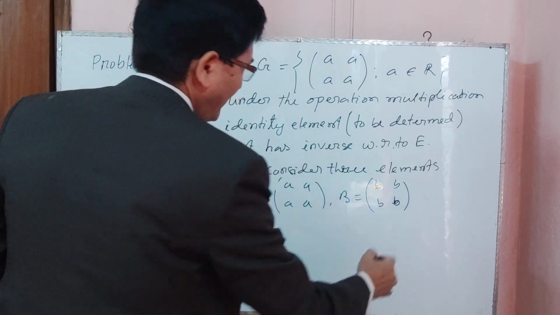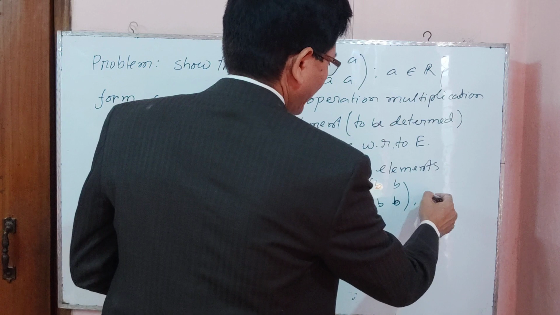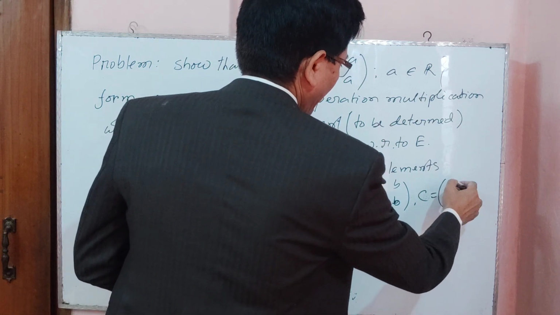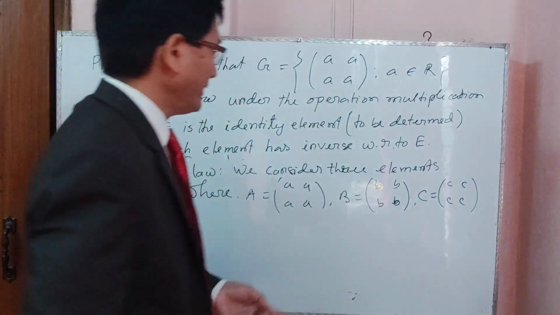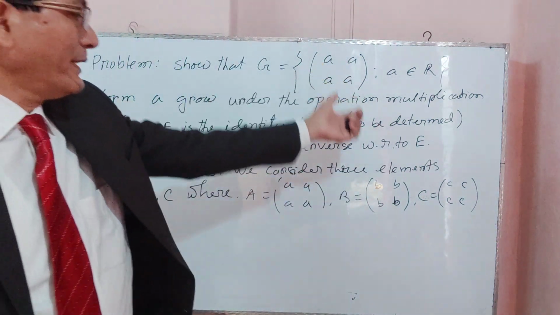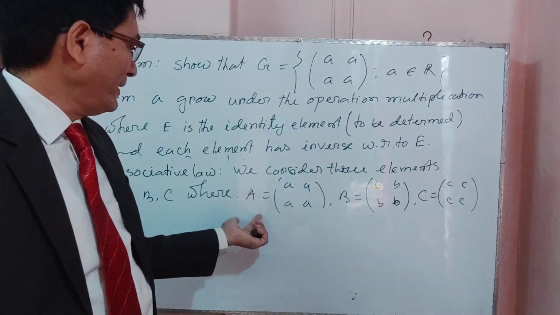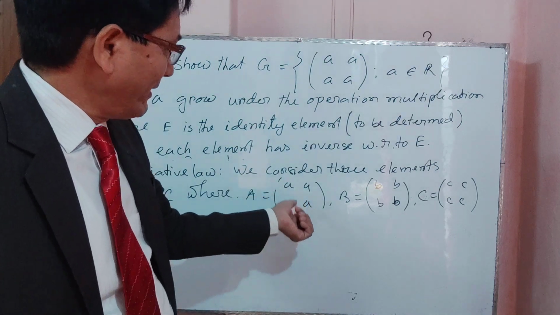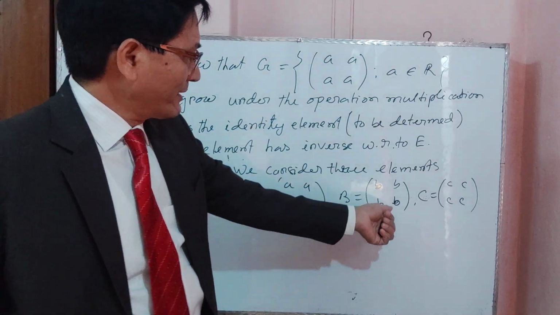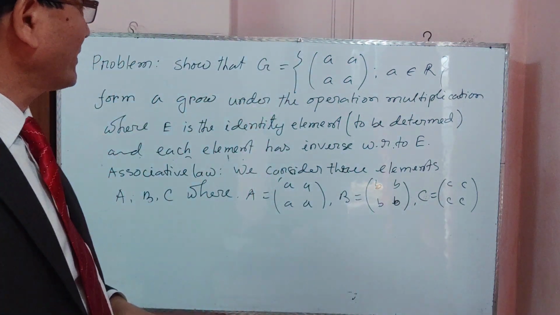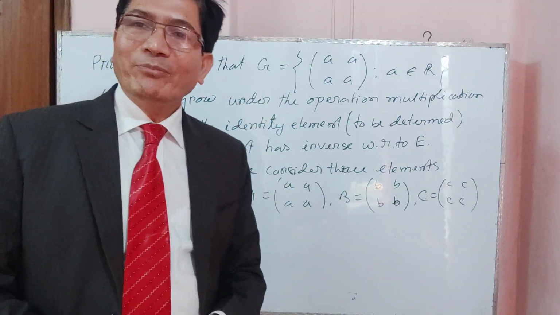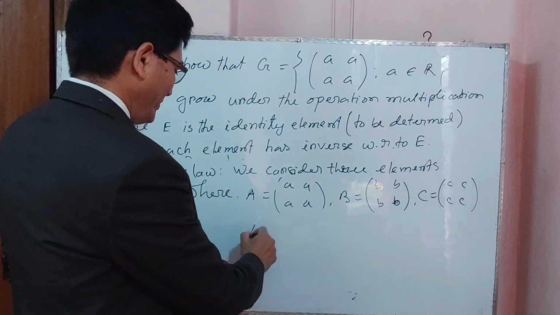That means all the entries will be the same, dear students. C is c, c, c, c. All the entries are the same. In A all entries are a, in B all entries are b, and in C all entries are c. In intermediate level we have proved this type of problems.